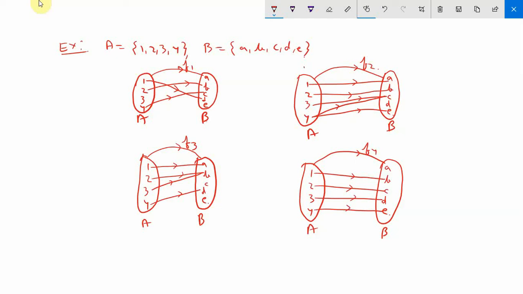So now we have to tell which of these f1, f2, f3 or f4 are functions.